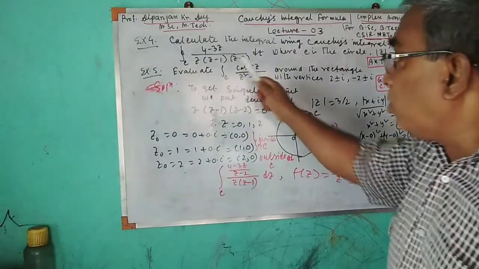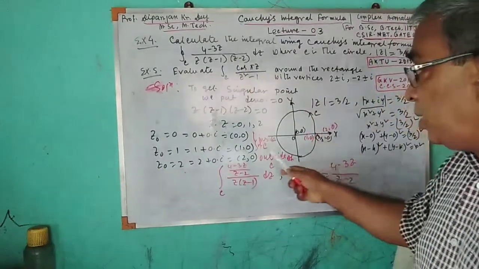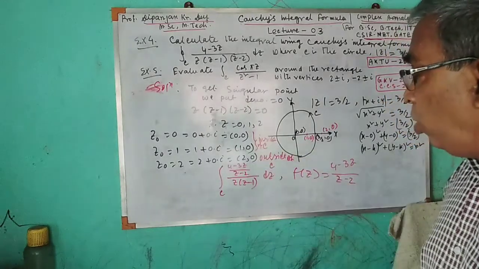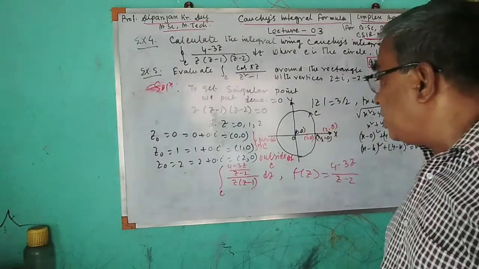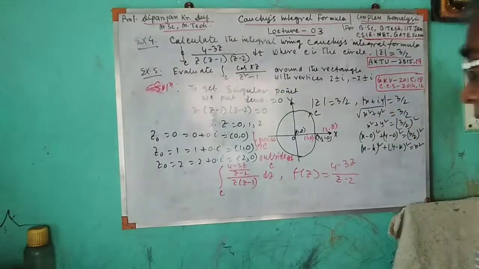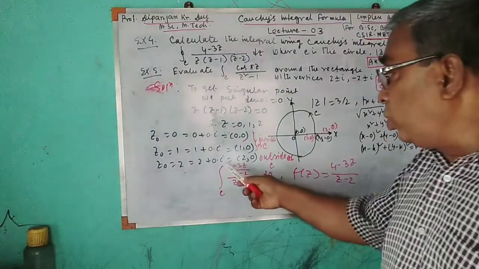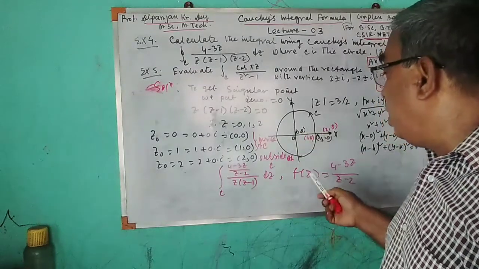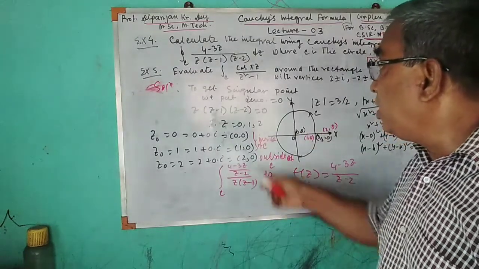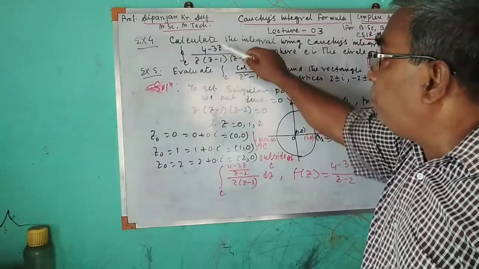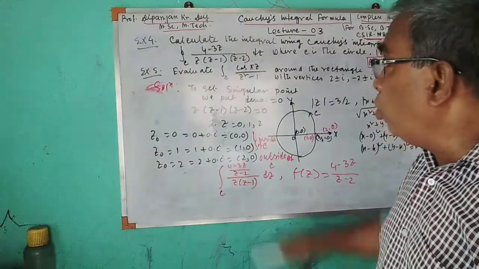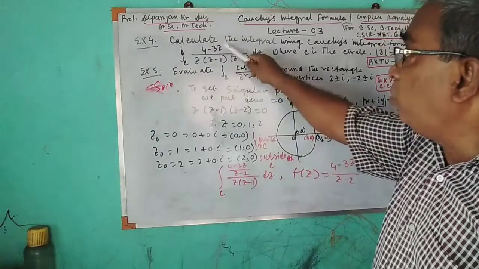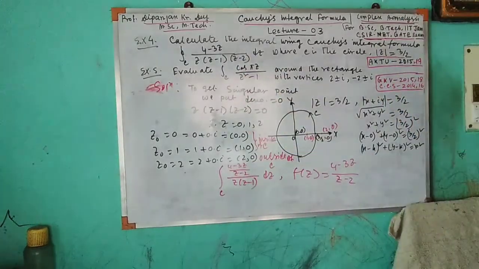Here z equal to 2, that is 2 comma 0, is not inside the circle. So we are dividing the numerator and denominator by z minus 2. Then z minus 2 from the denominator will cancel, giving (4 minus 3z) by (z minus 2).